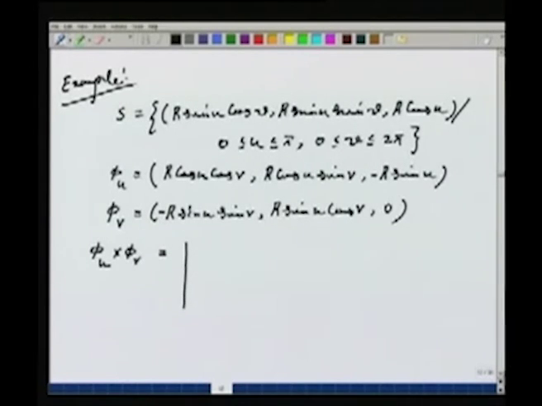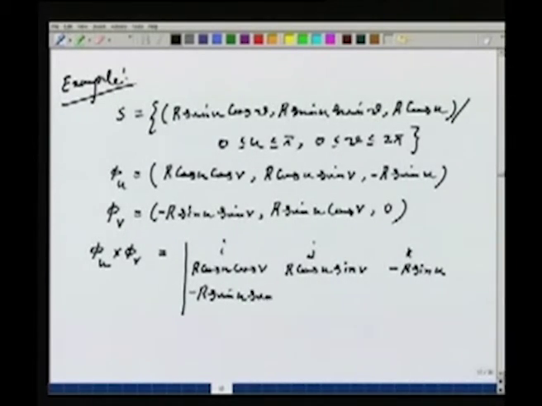So for that, again I write down the determinant, that is i, j, k, then the row with r cos u cos v, r cos u sin v, minus r sin u, and the row with minus r sin u sin v, r sin u cos v, then 0. Let us see what it turns out to be.